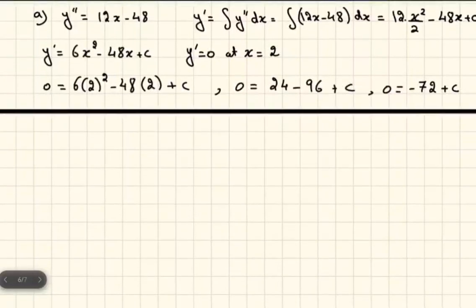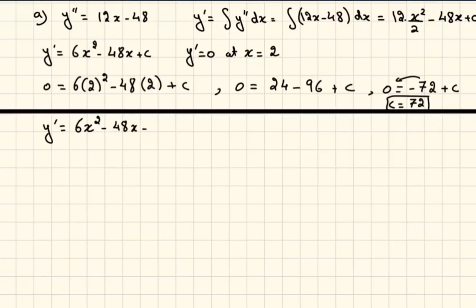So from here, c equals 72, moving the minus 72 to the other side. So now I know that y prime is equal to 6x squared minus 48x plus 72. Now, the question is to find y, the equation of the curve. So I know that y is equal to the integral of the derivative.